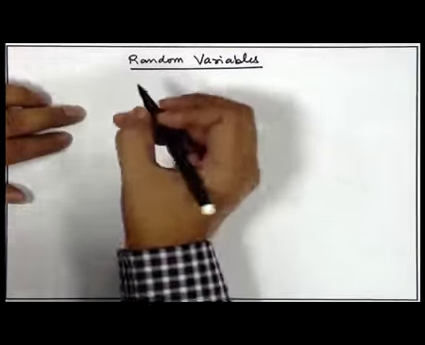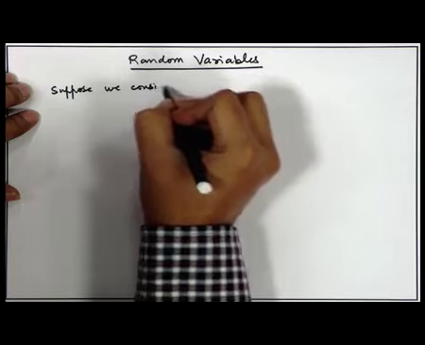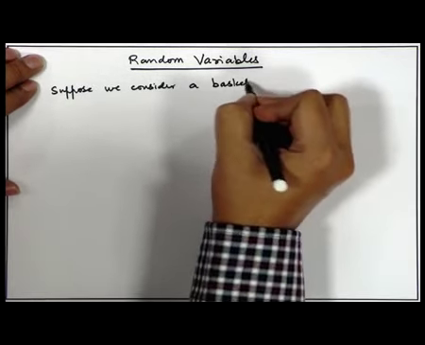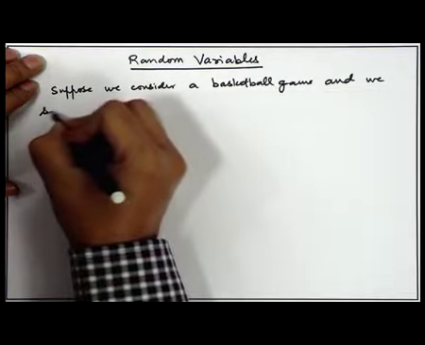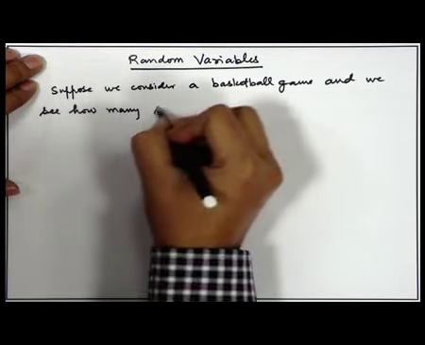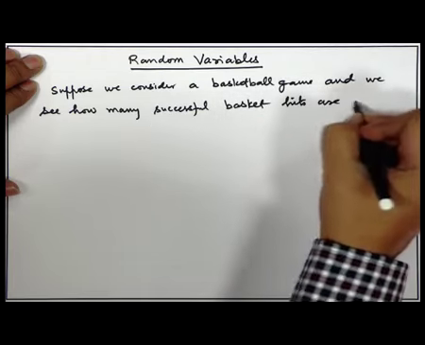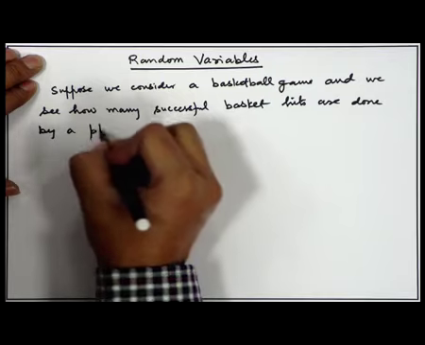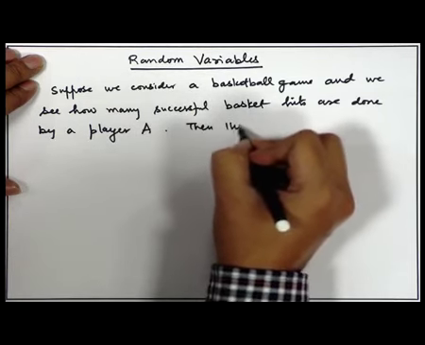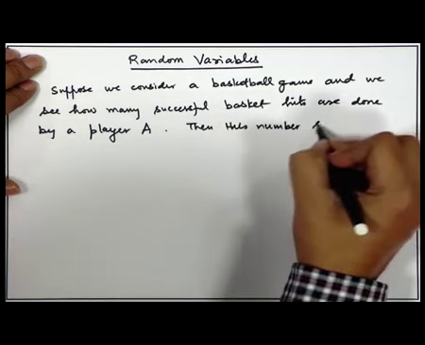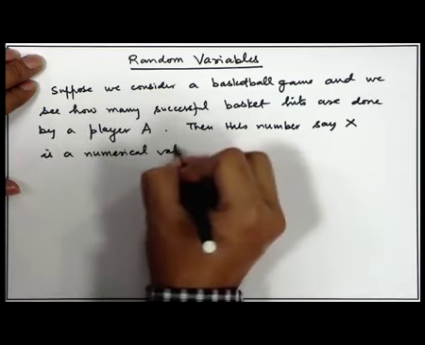Let us look at the simplest example. Suppose we consider a basketball game and we see how many successful basket hits are done by a player A. Then this number, say x, is a numerical valued variable.